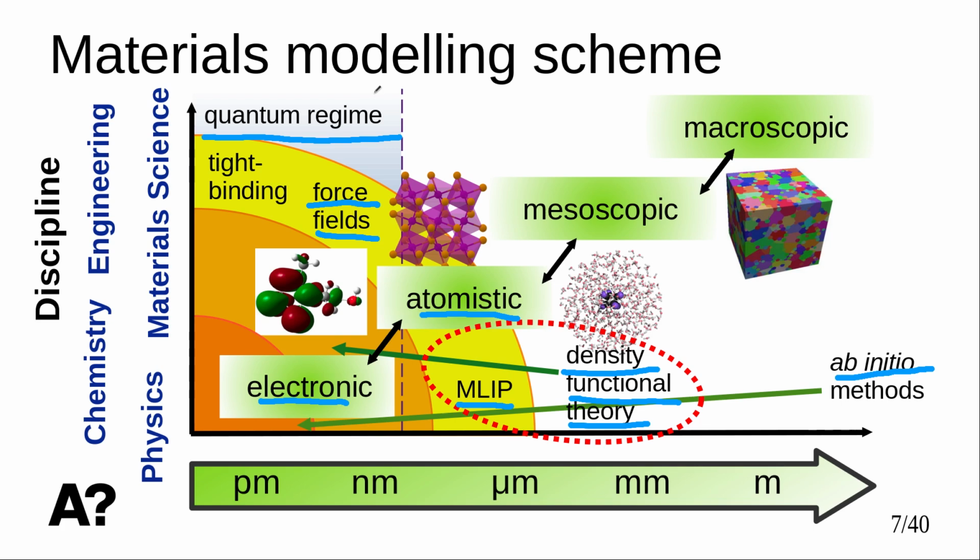So DFT is more for that regime where we have a couple of 100 atoms, and if you want to go beyond that, then you need to choose another method. So DFT can't do infinite systems with an infinite number of atoms, and that basically sets the boundaries for DFT in terms of length scale. Right?